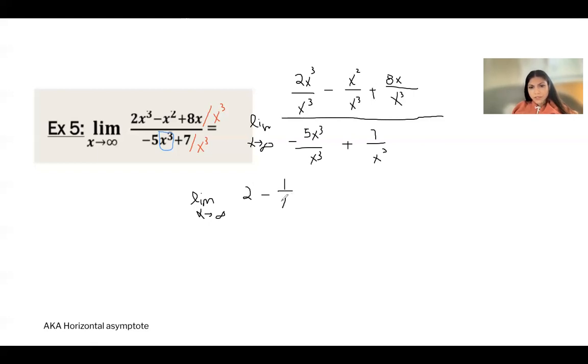Again, you want to just write it out if you have any questions. This third term is going to simplify to plus 8 over x squared, all over negative 5x to the third divided by x to the third. All those x's will cancel out. You're just going to be left with negative 5 plus, and it looks like nothing cancels out from this.